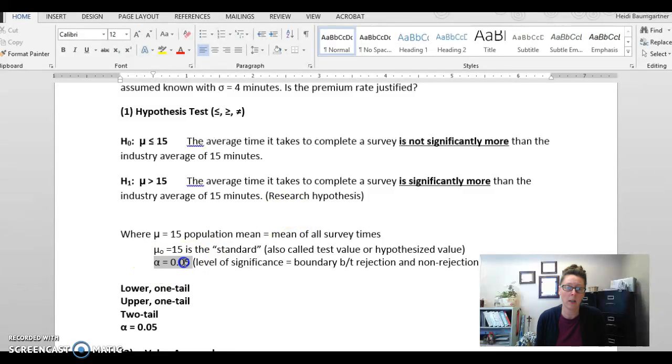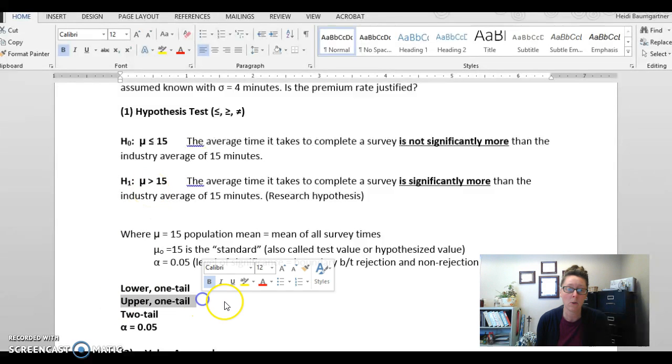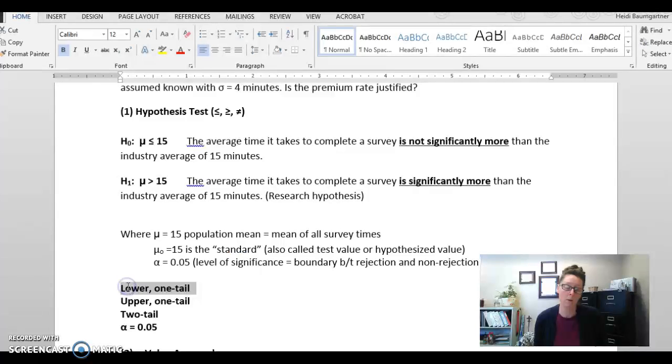We are still sticking with our level of significance of 0.05. And now we need to decide, are we using a lower one-tail, upper one-tail, or two-tail test? And we can see that by looking at our alternative hypothesis. What direction is the sign going in there? It's going greater than, so it's an upper one-tail test. Get rid of these other two.